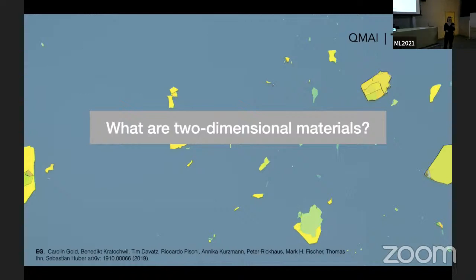One last question: why is it so interesting to have this thin layer material? I have the same things existing also in 3 dimensions. Why can't I just take the 3-dimensional? Why are people so obsessed with this thin layer? Is there some difference? Why was the discovery of graphene such a meaningful game changer for us?